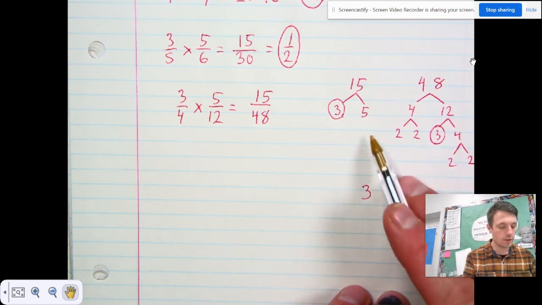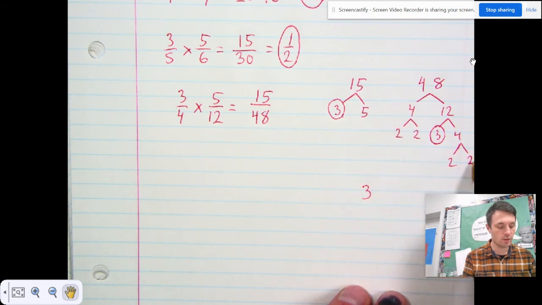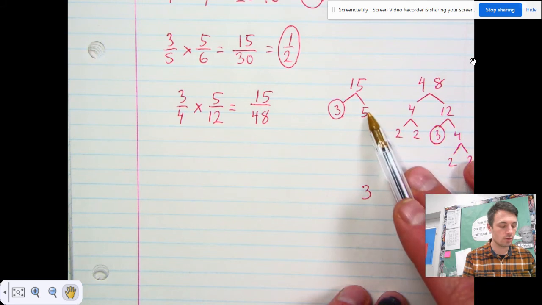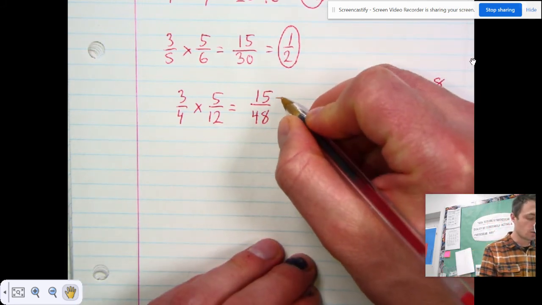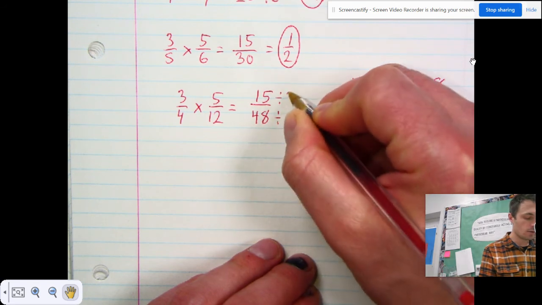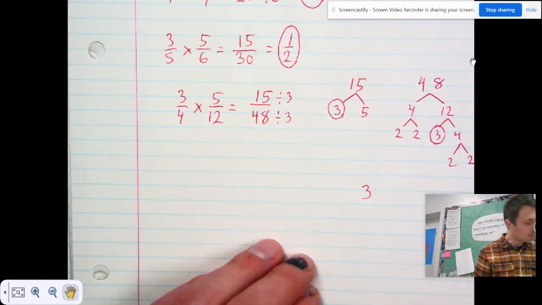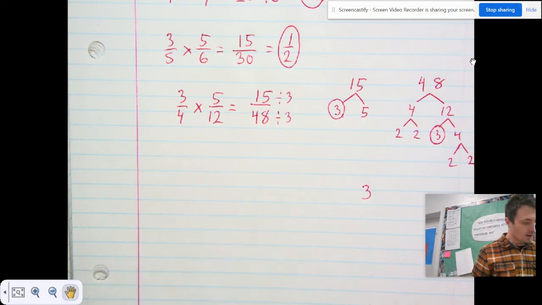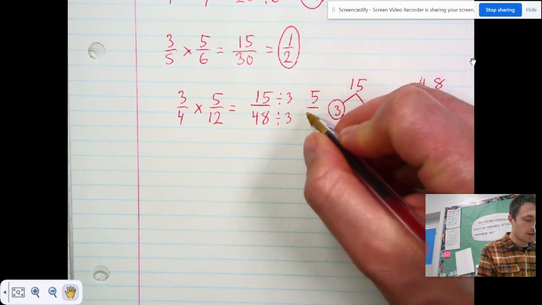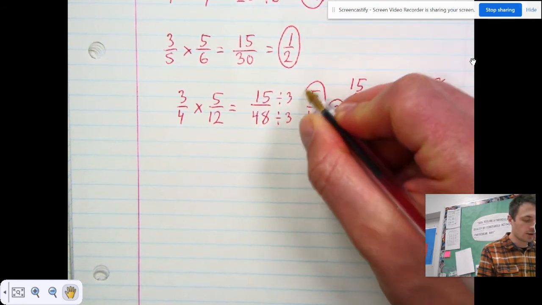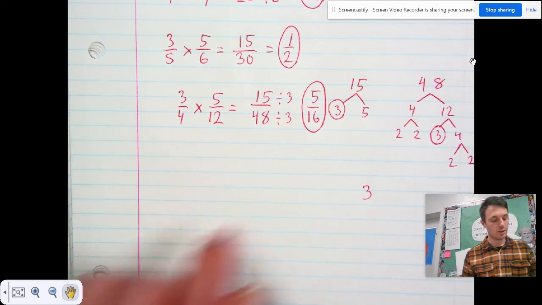Okay, and then you can't match this 5 to any of these 2s, and you can't match these 2s to this 5, so there's nothing else to match. So the GCF is 3. So you divide the numerator and denominator by 3. And 15 divided by 3 is 5, and 48 divided by 3 is 16. So that's the final answer, 5/16.